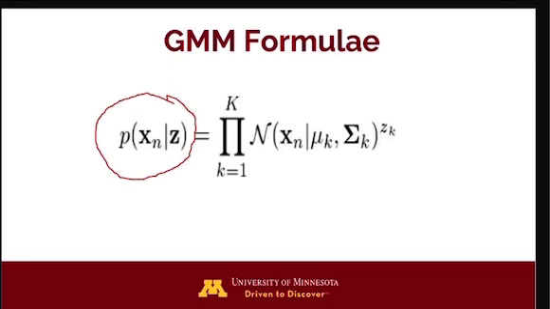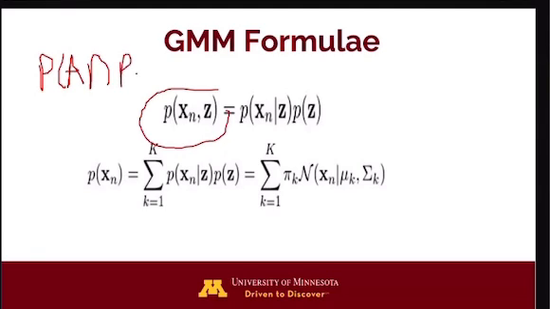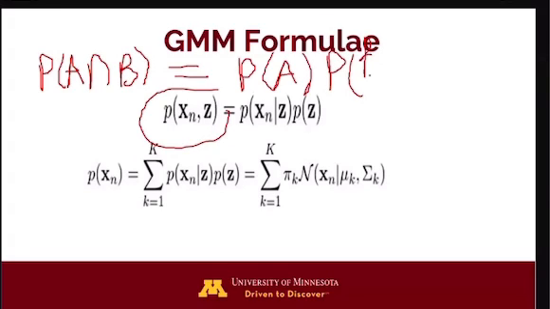Then the next thing I'm going to do is, can I find the probability of the joint? Do you remember what you've done before? Under probability, the probability of A intersection B, if A and B are independent, it's going to be equal to the probability of A times the probability of B. So let's say they are not independent. Then I'm only going to have the probability of B given A. You've done this before.